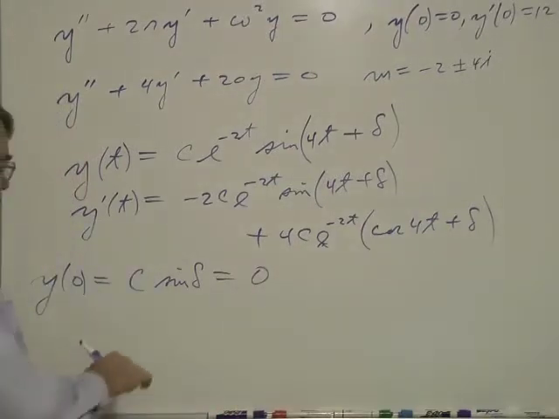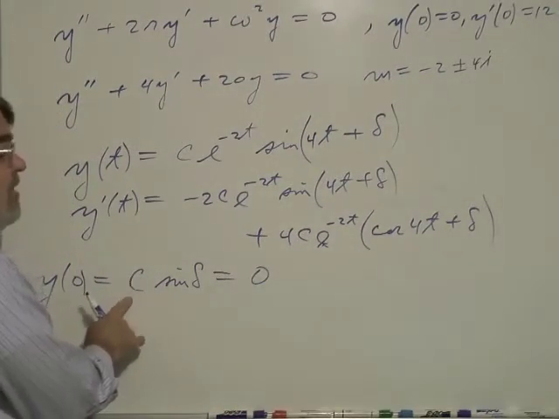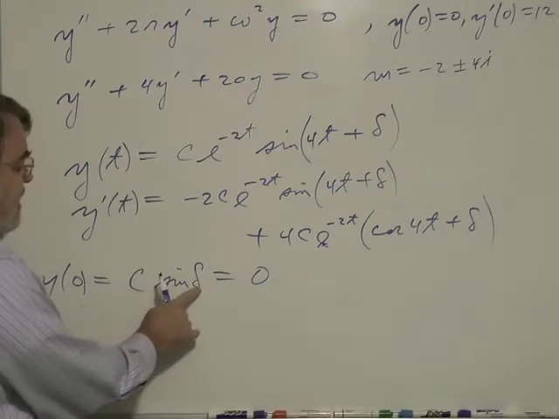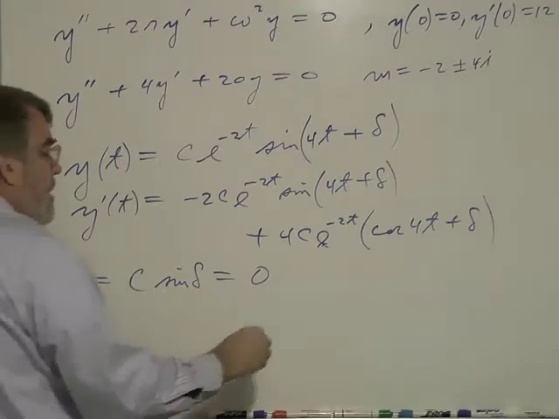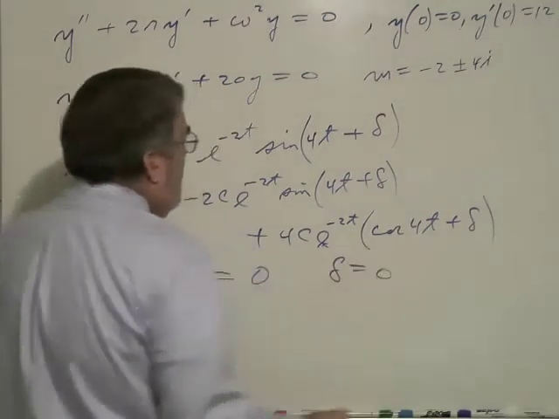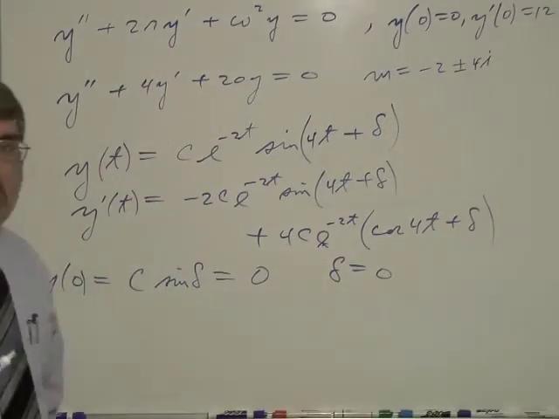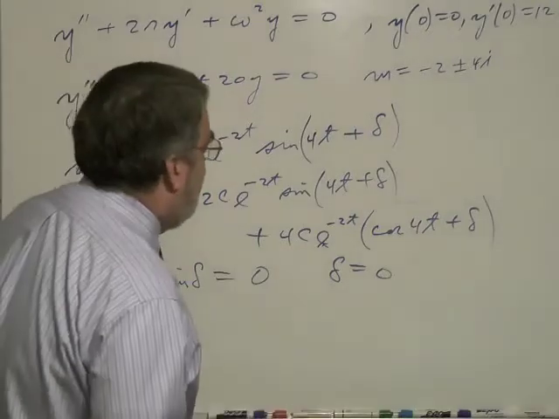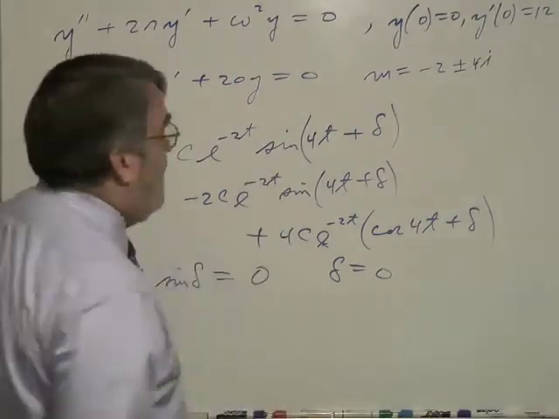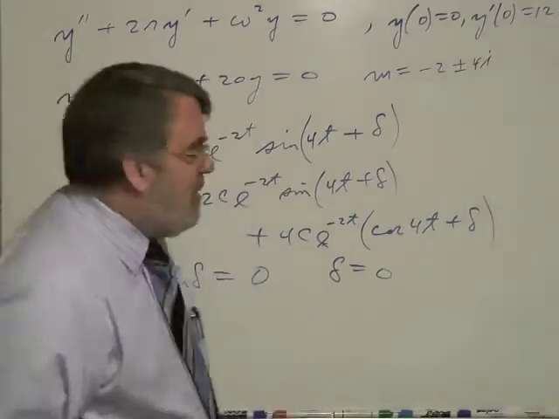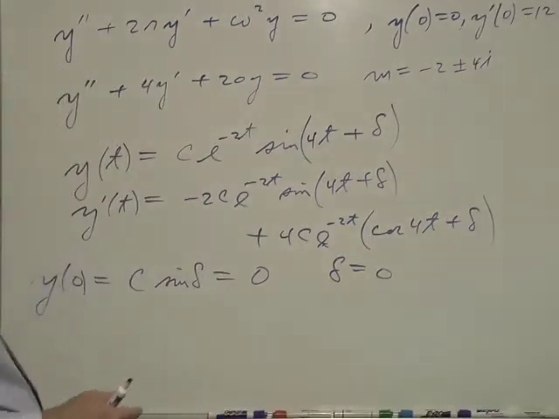So, we've been through this before. c has to be non-zero, but delta is going to have to be 0. So our phase shift is 0. Just what we wanted, because we chose a sine function. Had we made this a cosine, it would have been more complicated. Maybe the phase shift might have been pi over 2. Okay, so we know what delta is.